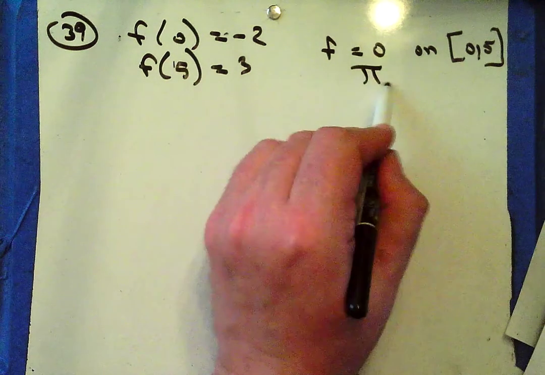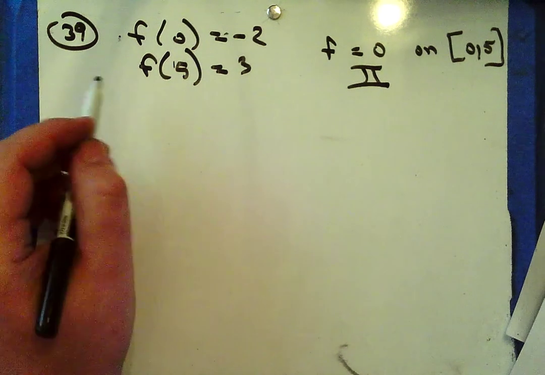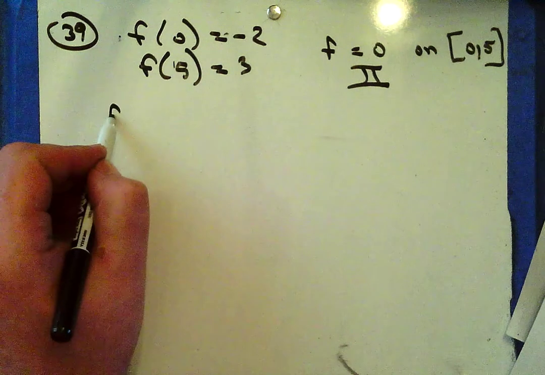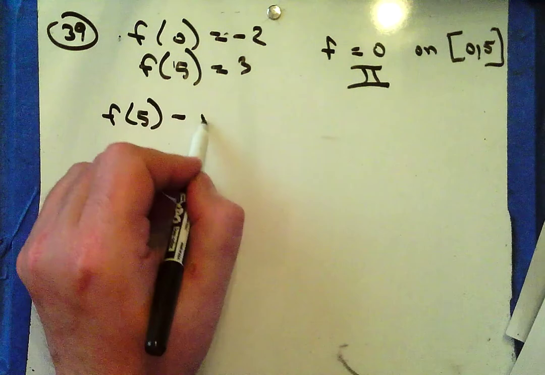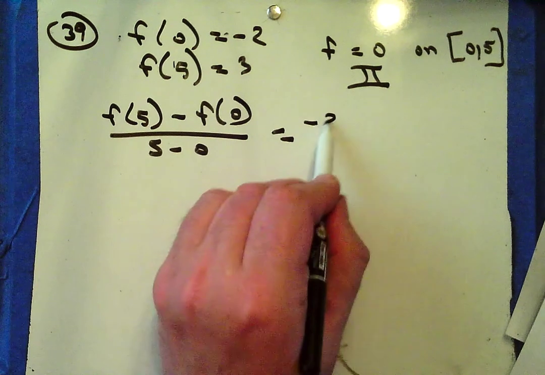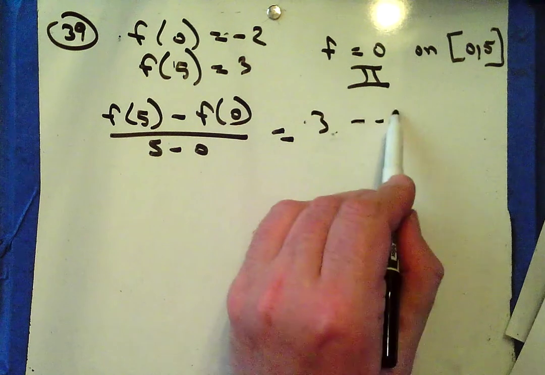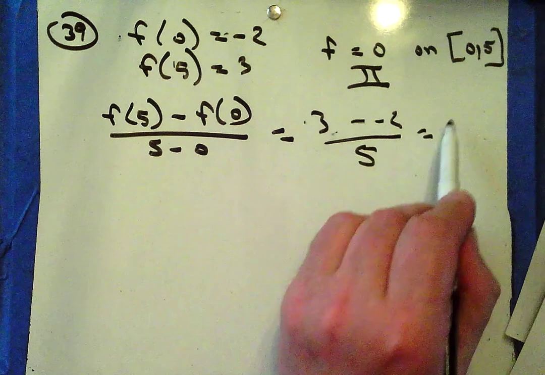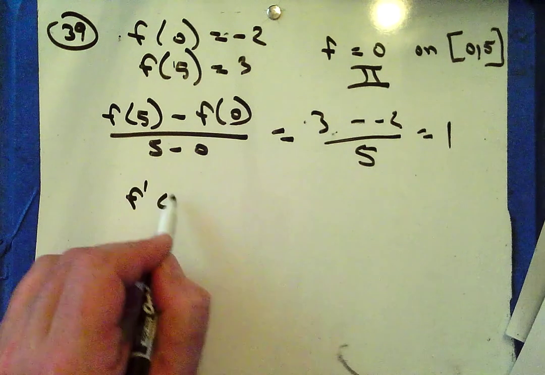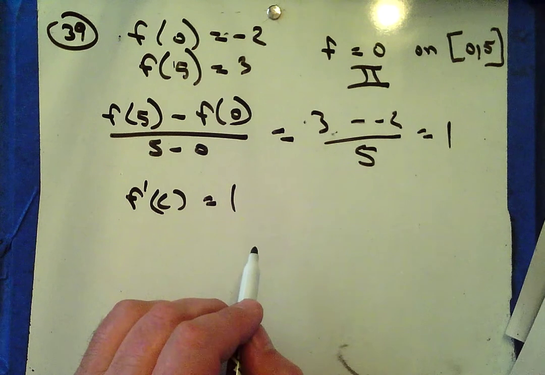That's 2. And mean value theorem, because we know that this function is differentiable on the open interval, mean value theorem would say f of 5 minus f of 0 over 5 minus 0. That's 3 minus -2 over 5, which is 1. And so I know that f prime at some place must equal 1.